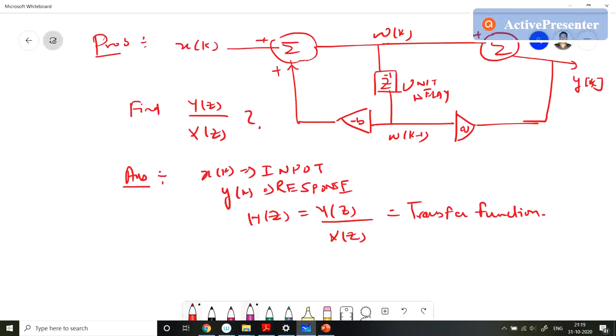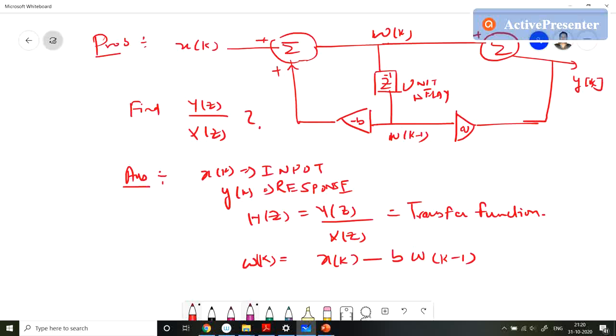We can see that w(k) is equal to x(k) minus b times w(k minus 1). This is w(k minus 1), this is w(k). After applying that delay, we get w(k minus 1), then multiplication with minus b.